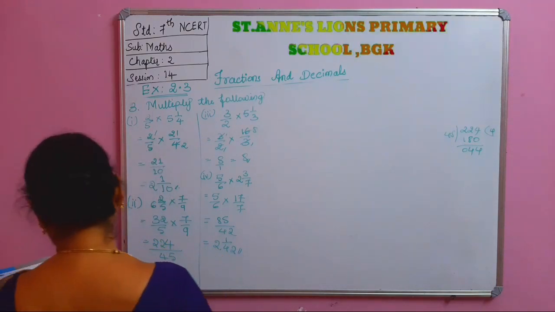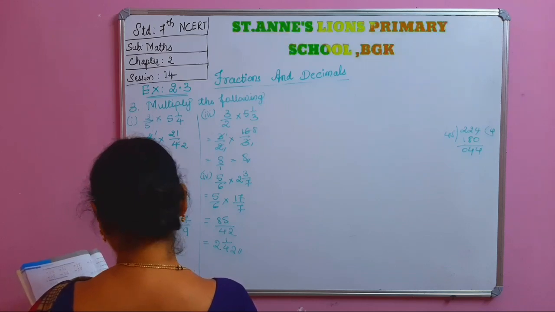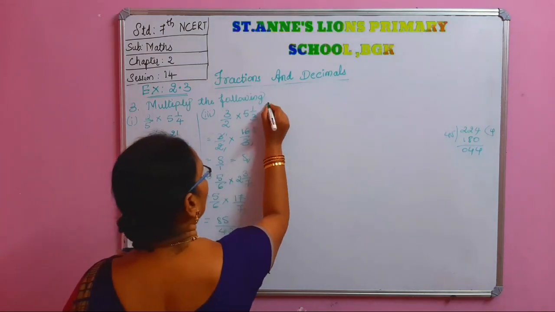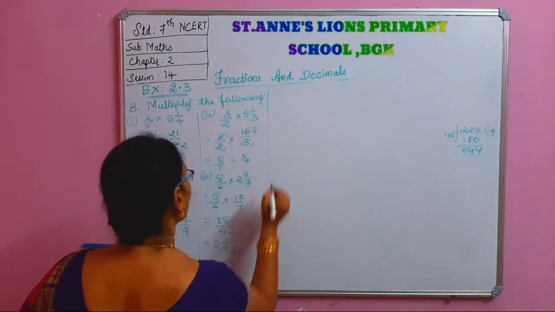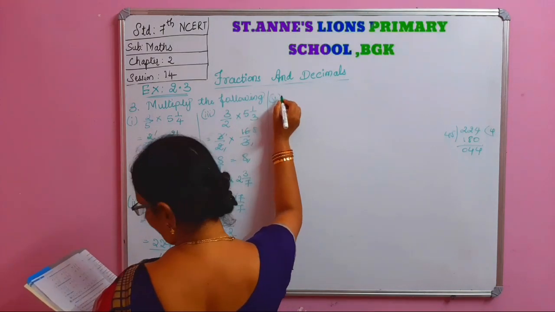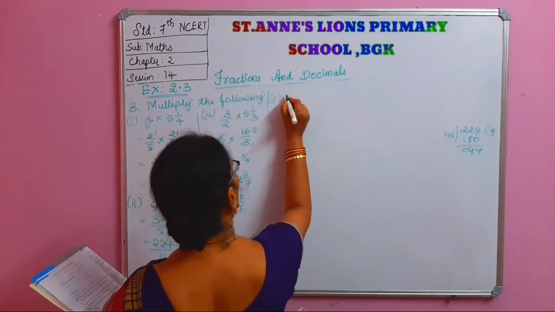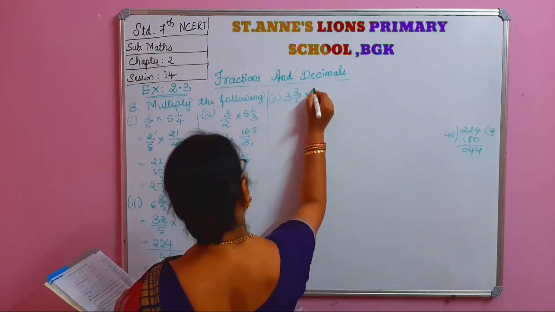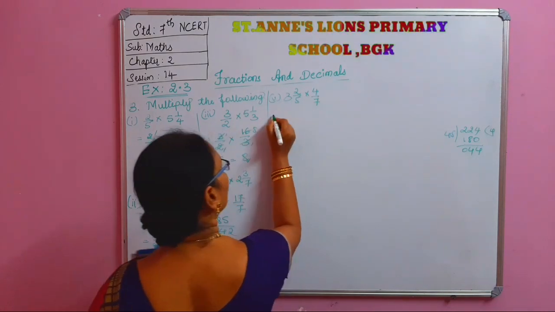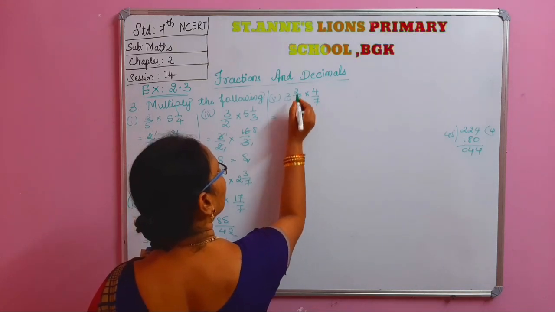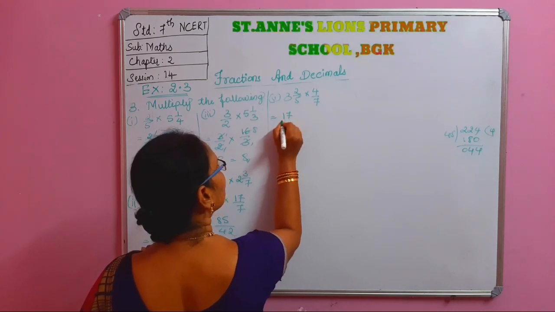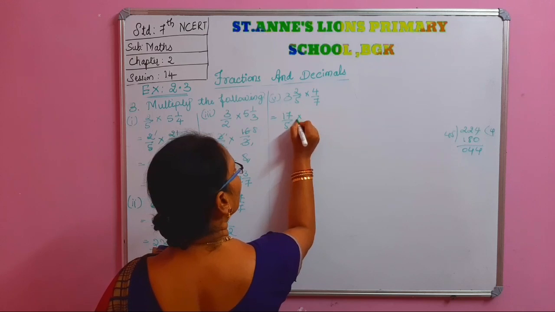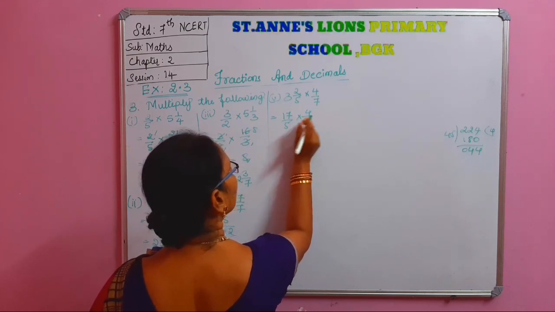Then the next one is, that is fifth one. Fifth one, 3 integer 2 by 5 into 4 by 7. 5 threes are 15, 15 plus 2, 17 by 5 into 4 by 7.